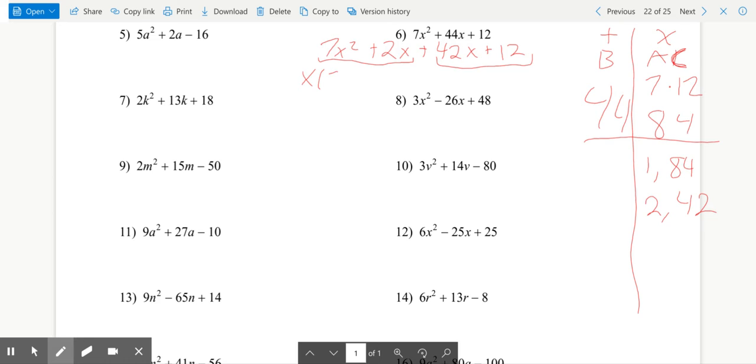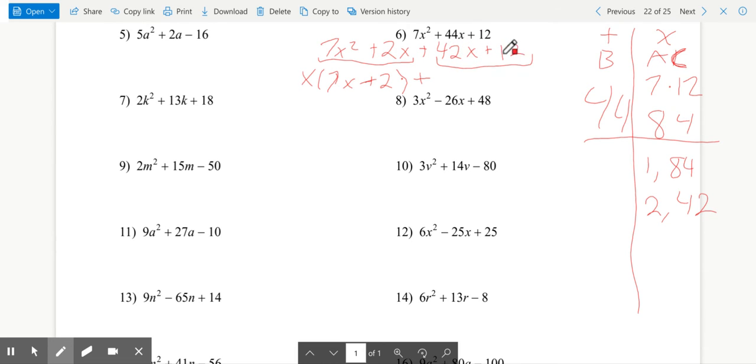And then we're going to have 7x plus 2. If I factor out an x, I'm basically dividing by x. So x squared divided by x is just x. The 7 comes along for the ride. 2x divided by x is just 2. So I have 7x plus 2 plus, now I'm going to factor the greatest common factor out of these.